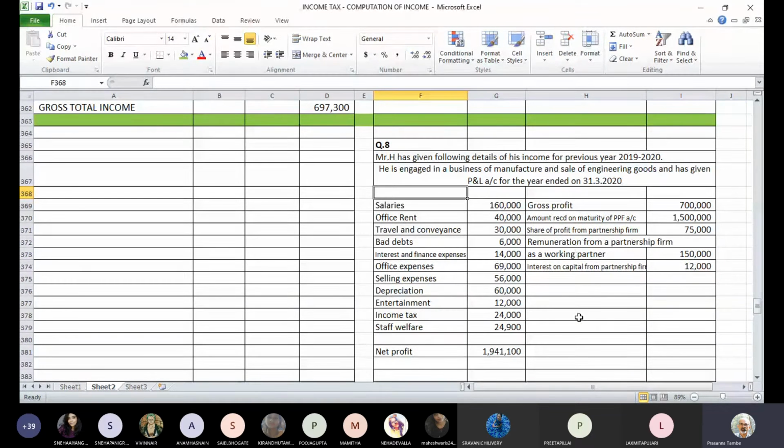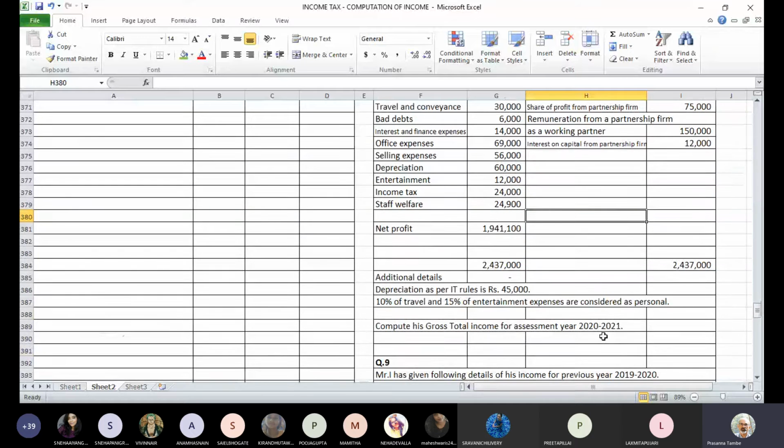So again, the same methodology we are going to adopt. But before we go ahead, we have to find out which are the heads of income. And for that, we need to carefully analyze his income side, his credit side of P&L account. That will tell you which is the appropriate head of income that we have to consider.